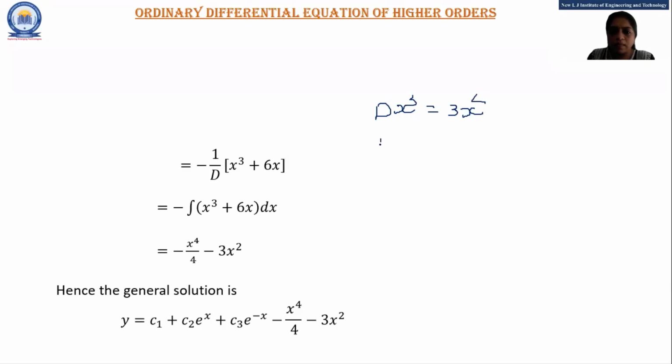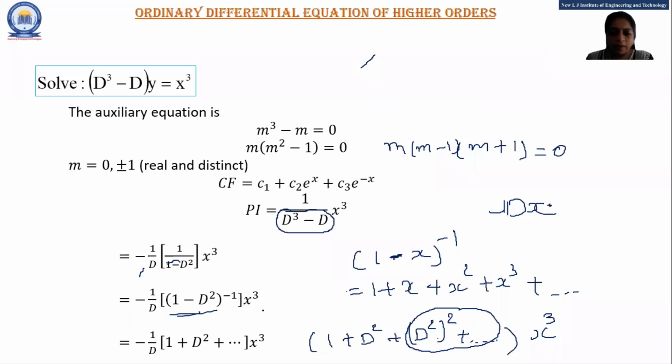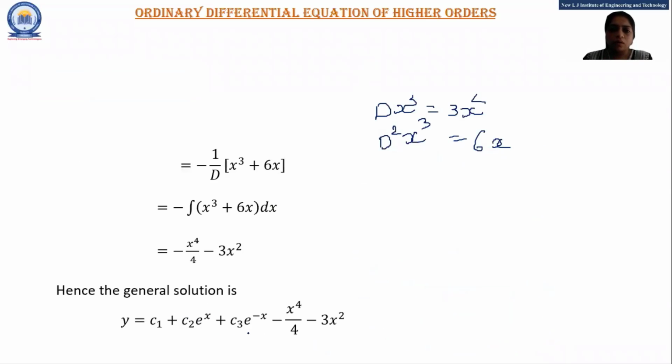And what about D square of x cube? D square of x cube is 6x. So here the first term is 1 into x cube, that is x cube, and D square of x cube is 6x. So minus 1 upon D, x cube plus 6x.